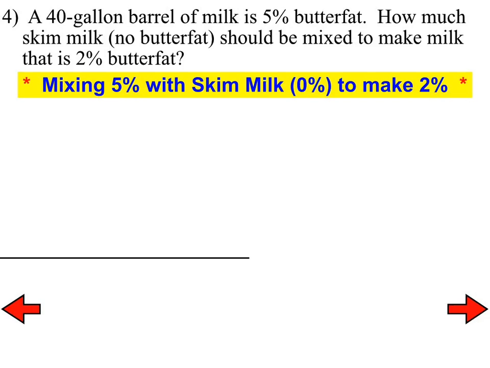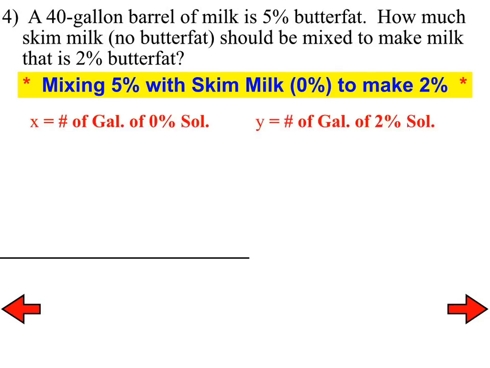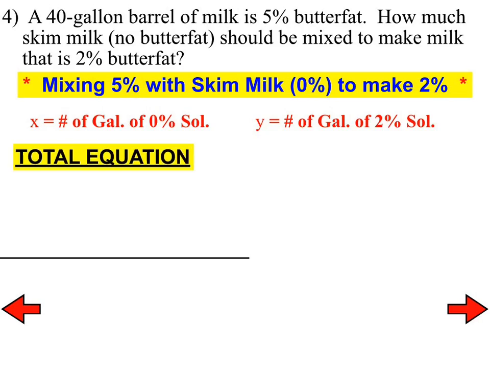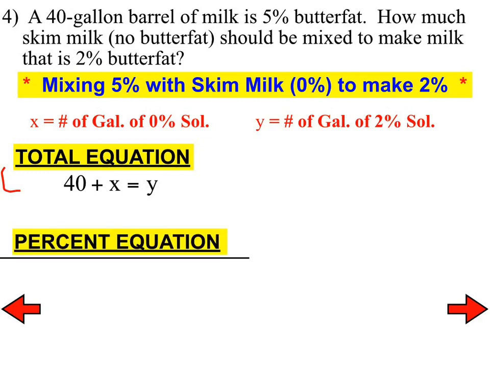We know that we have 40 gallons of the 5%. We do not know how much we have of the 0%, and we do not know how much we have of the 2%. That gives us our total equation that looks something like this. Now you multiply the decimal values of the percent by each thing in that equation, which gives us this. I would multiply the 0.5 times 40, and then I would solve for y, because we have 0x, which means x is not there.